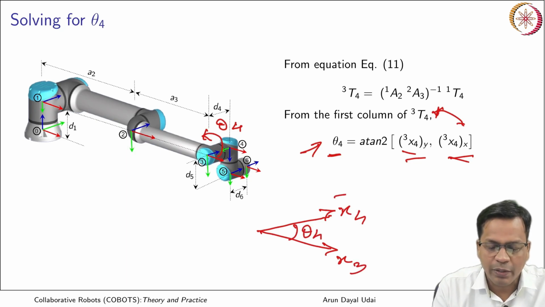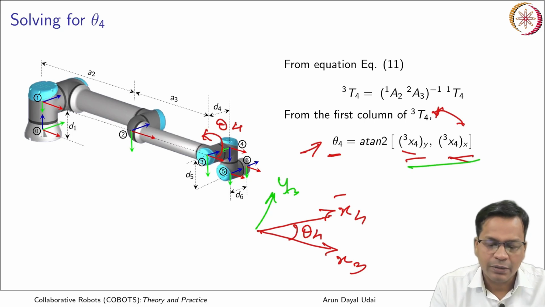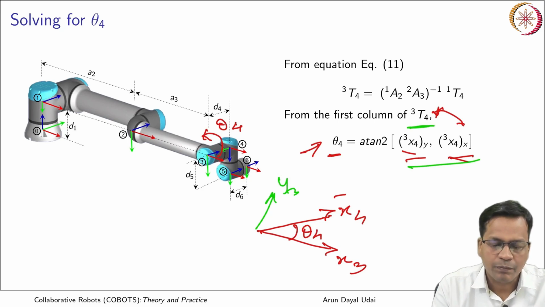The projection of x4 on x3 and the projection of x4 on y3 are utilized here. So that can be obtained. That is the first column of this matrix basically. So I obtained theta 4 also.